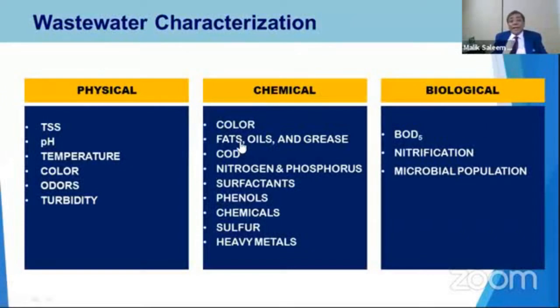There are many, like dye stuff, which creates color in the wastewater, fats, oil, grease, COD, nitrogen, phosphorus, surfactants, phenolic chemicals, sulfur, heavy metals. And in the biological, we have the BOD, nitrification, and microbial pollution. These are our challenges which we have to address in our wastewater treatment module.